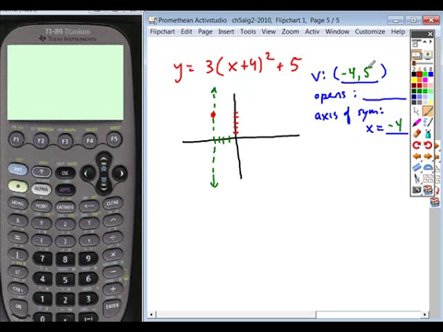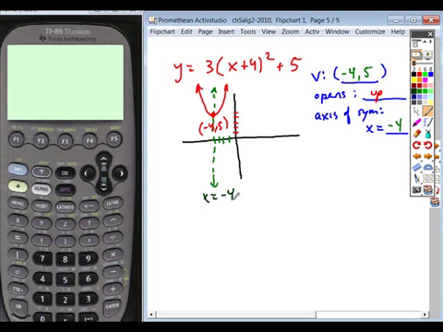Is our graph opening up or down? If we look at our sketch, we can label our point underneath, (-4, 5). We can label our axis of symmetry, x equals -4. And we have our quick little sketch of this. That's all that you would need to do for these sketches.